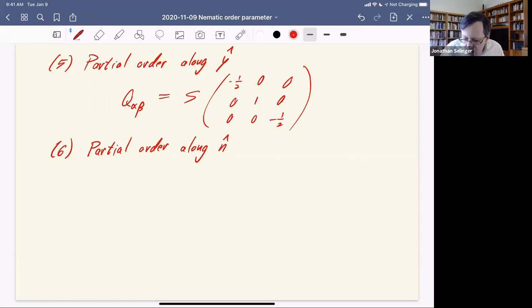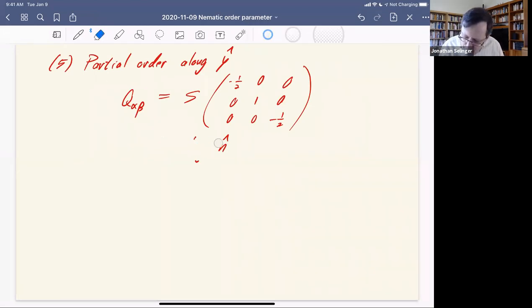Well, we can still work by analogy with what we did before. Let's go back to what we have for partial order along the Y direction. I can rewrite that in a clever way. I want to say it is S times the difference of two tensors.